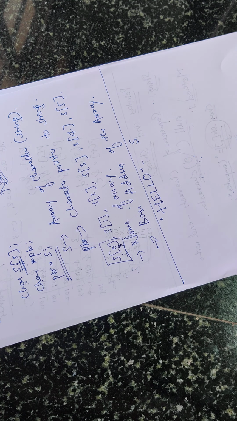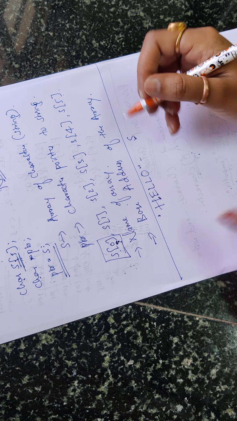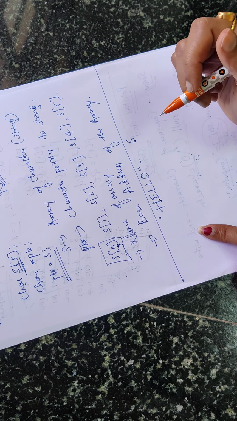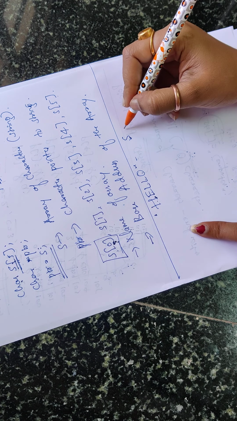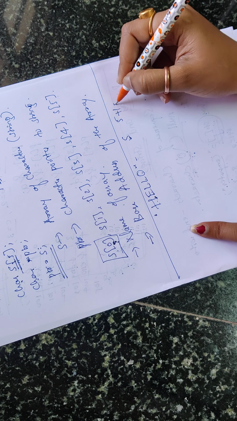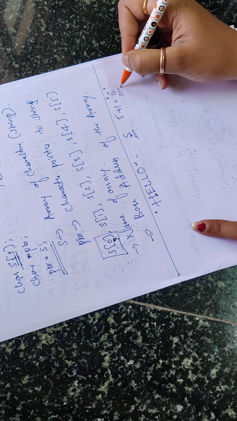Then S can be viewed as a character array of size how much? The size should always be the string size plus 1. The string size is 5, plus 1 extra byte. So S is a string array of 6 bytes.